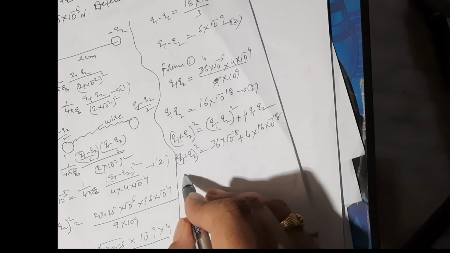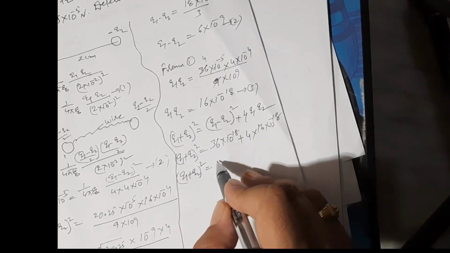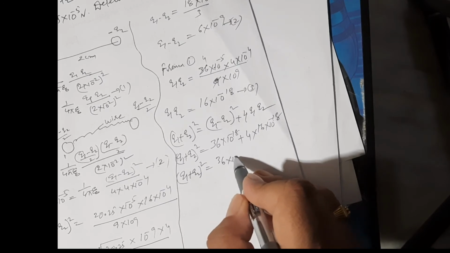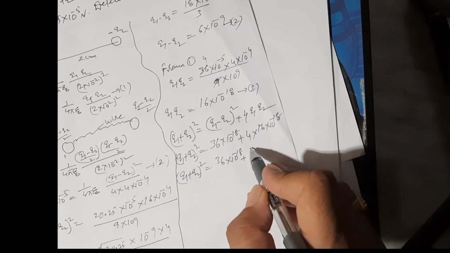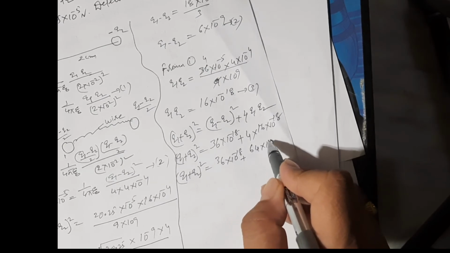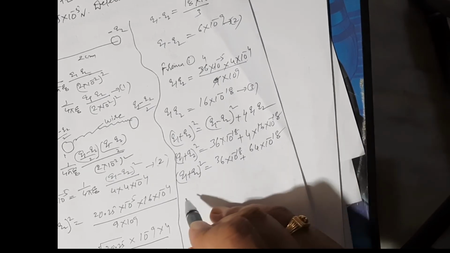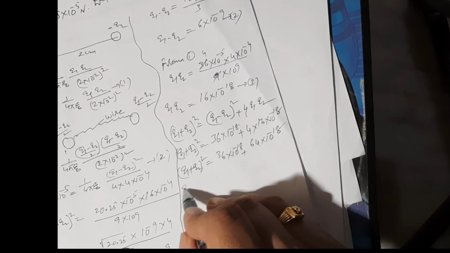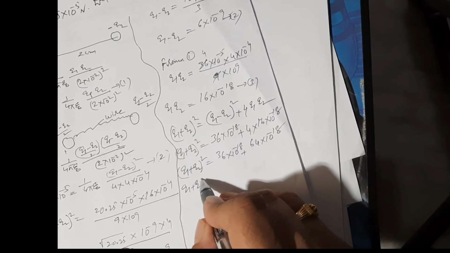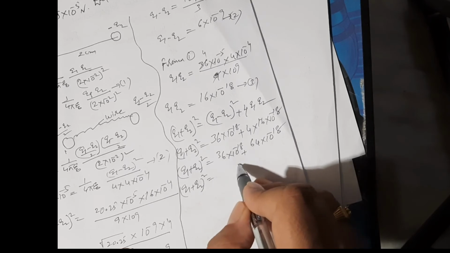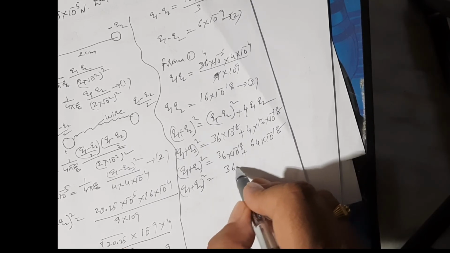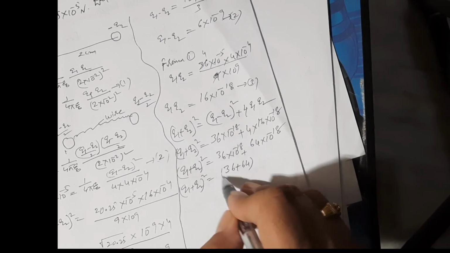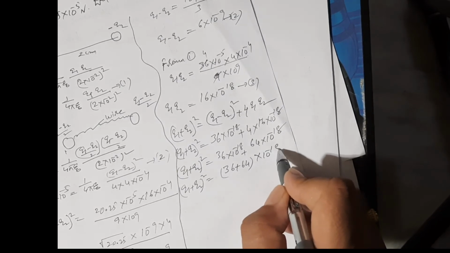So q1 plus q2 whole square is equal to 36 into 10 to the power of minus 18 plus 4 16s are 64, 64 into 10 to the power of minus 18. Bringing 10 to the power of minus 18 common, that is 36 plus 64 into 10 to the power of minus 18.